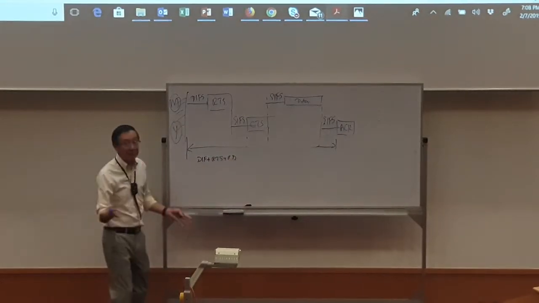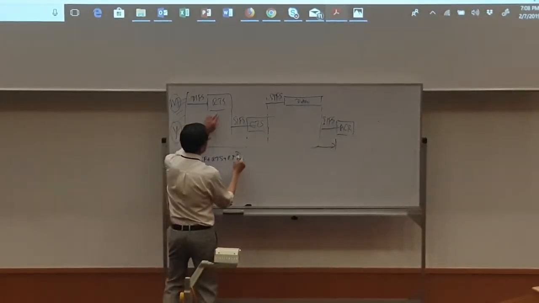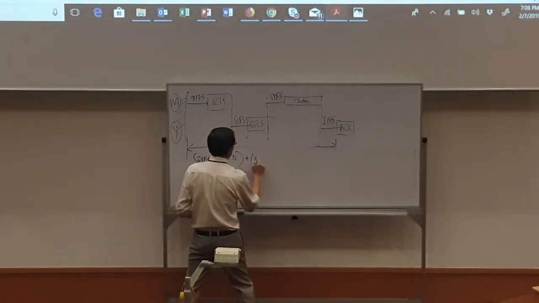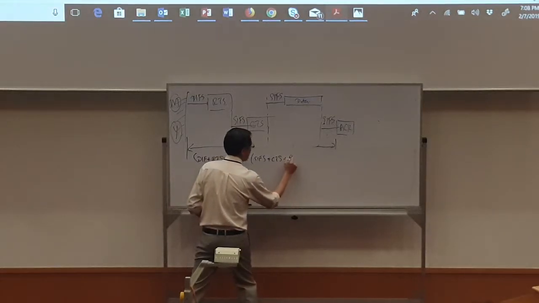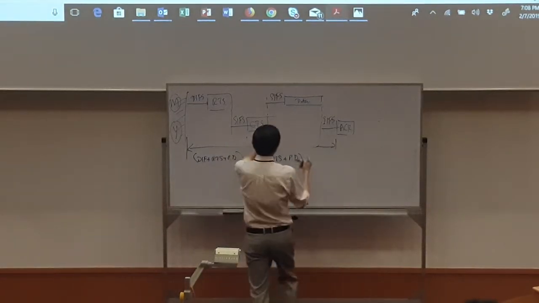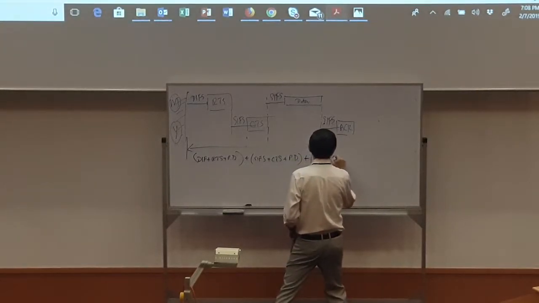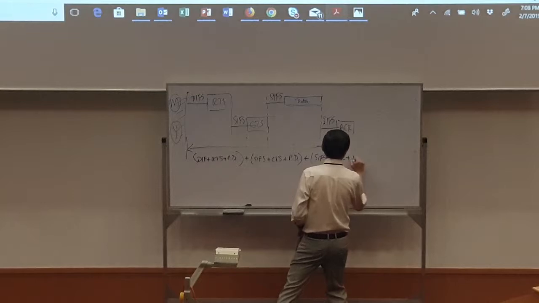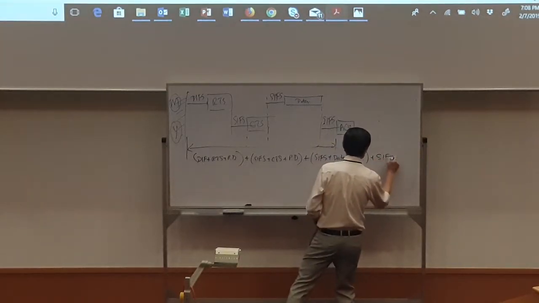Every time you send something, there must be a propagation delay. So that's the first part. Okay. Then SIFS plus CTS plus propagation delay. Then the last part, SIFS plus data plus propagation delay. And the last one is the SIFS.